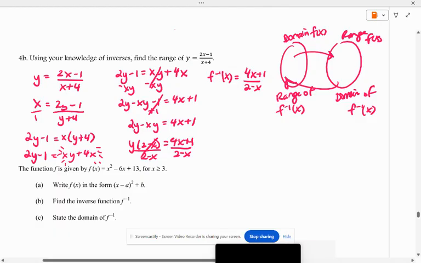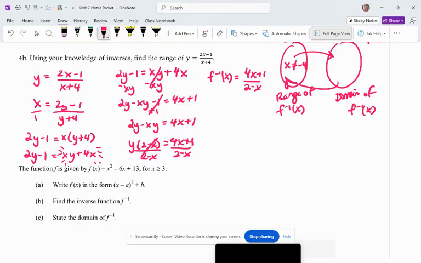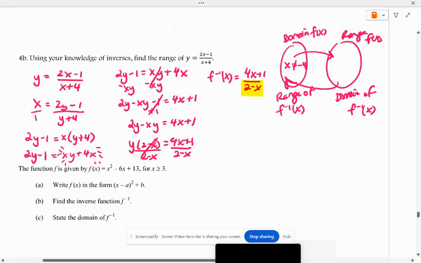I'm excited. Okay, so in the original, I had to exclude x cannot equal negative 4. In the range of the original, if I figure out the domain of the inverse, I can have that blob filled in and just take the y value in there. So what is my domain restriction in the new inverse here? X cannot equal 2.